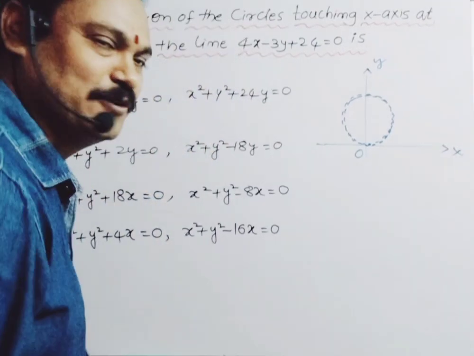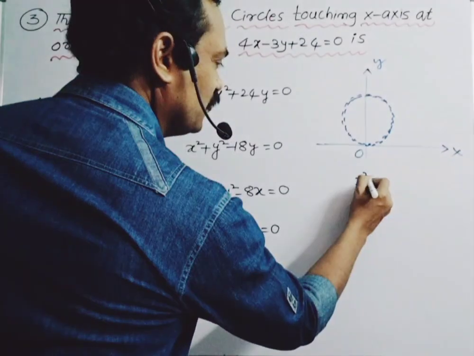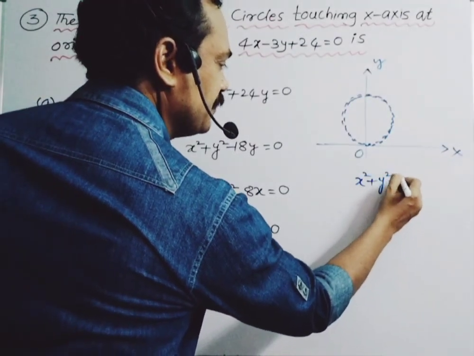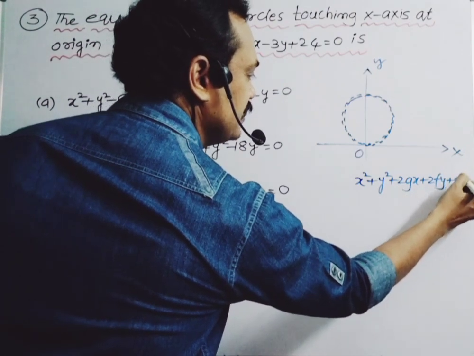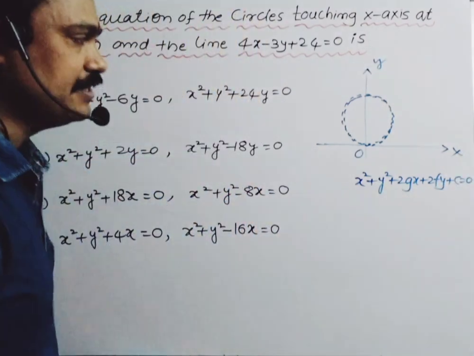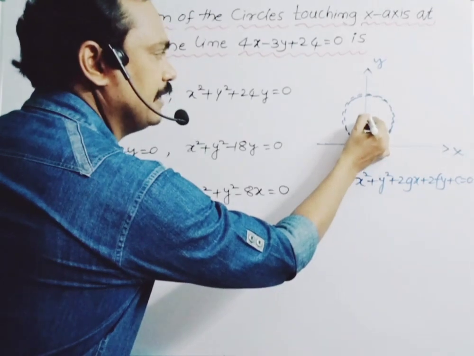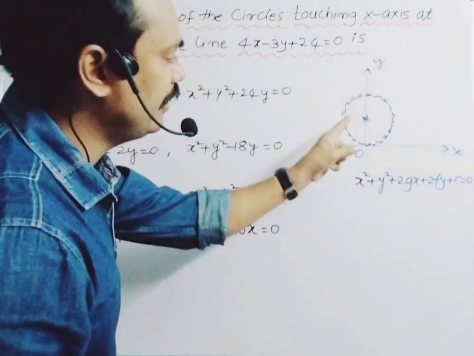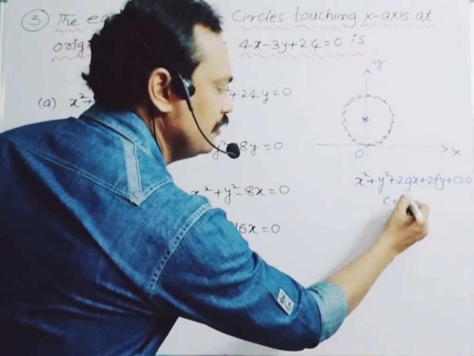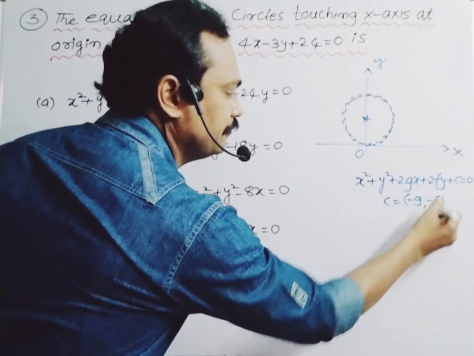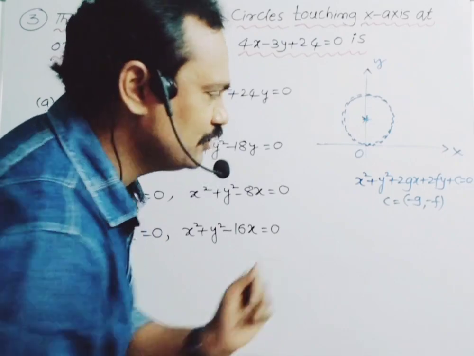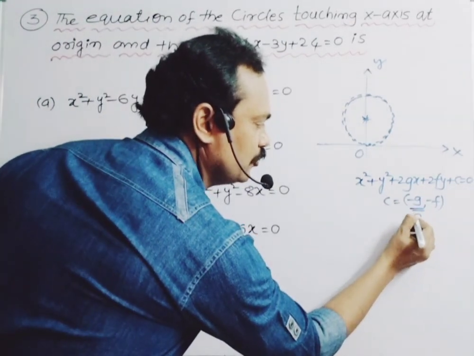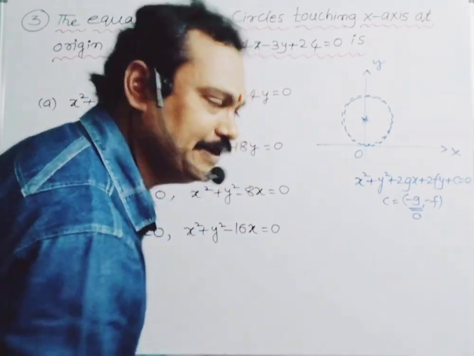Let us suppose x² + y² + 2gx + 2fy + c = 0. This is our required circle. Our required center lies on the y-axis, no? Here the center is (-g, -f). This point lies on the y-axis, so the x coordinate of the center must be 0.